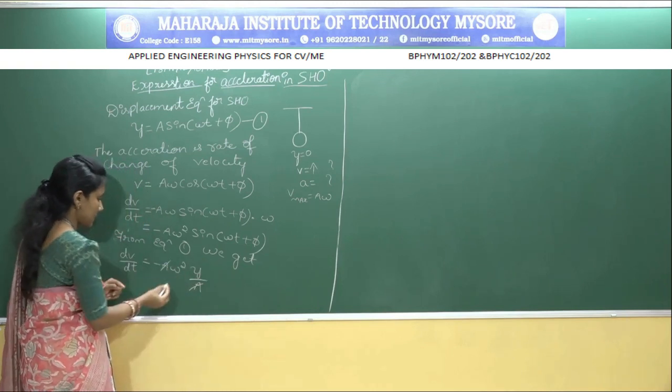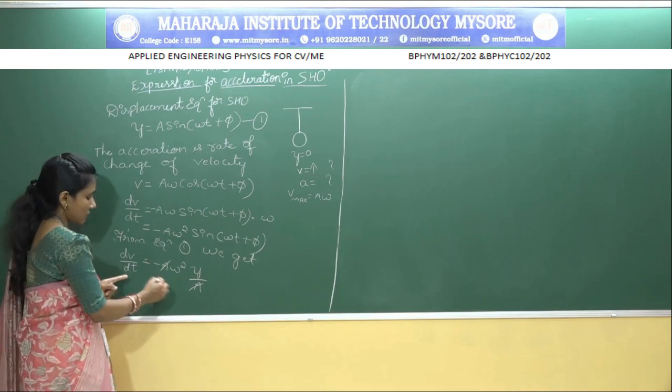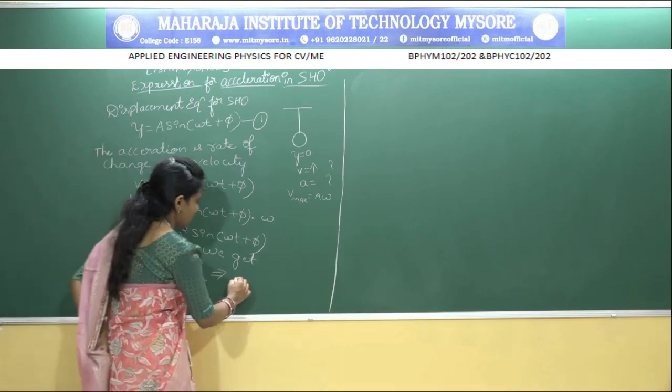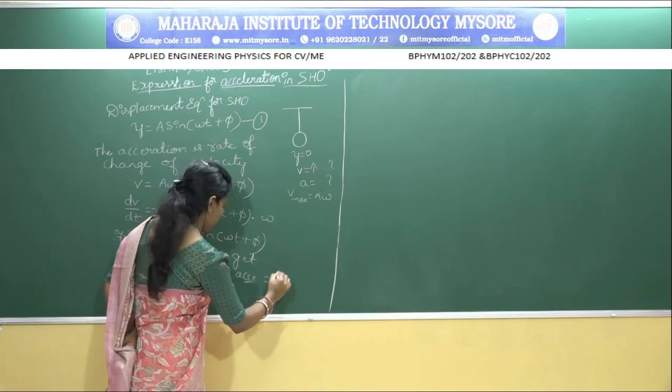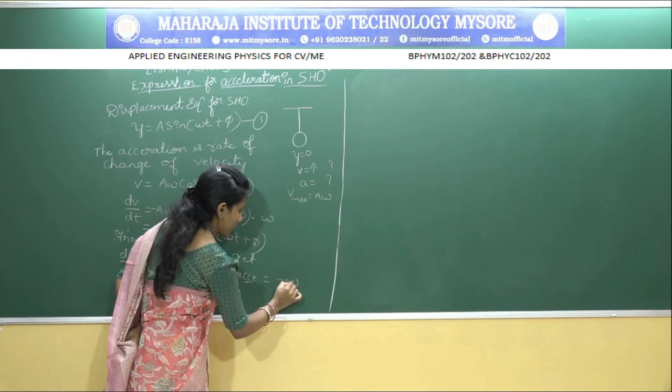So that a will get cancelled. Then what is the acceleration we are getting? The acceleration is equal to minus omega square y.